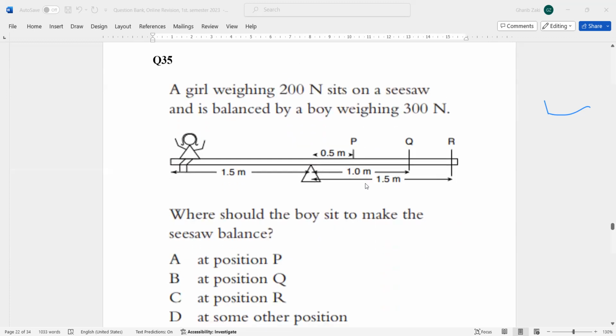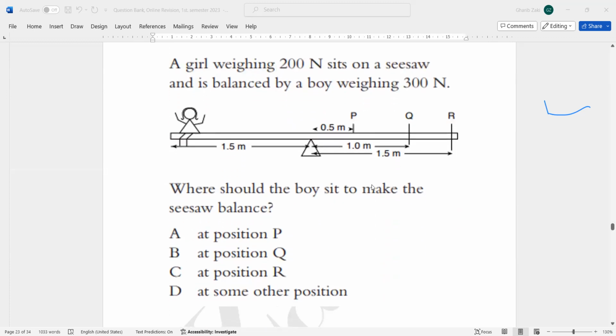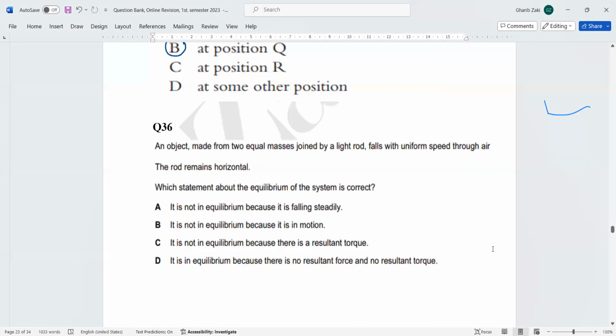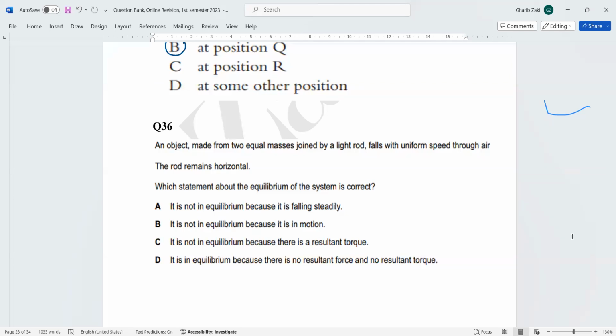We solved this and the answer is at position Q because clockwise moment equals anti-clockwise moment. Question number 6, he said, an object made from two equal masses joined by a light rod falls with uniform speed through air. The rod remains horizontal.